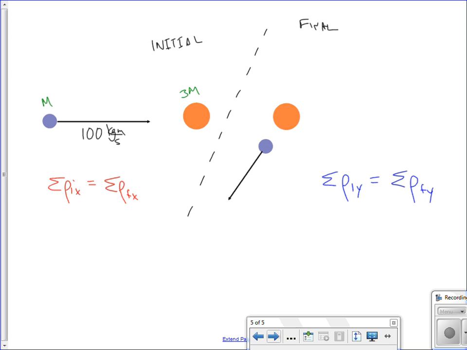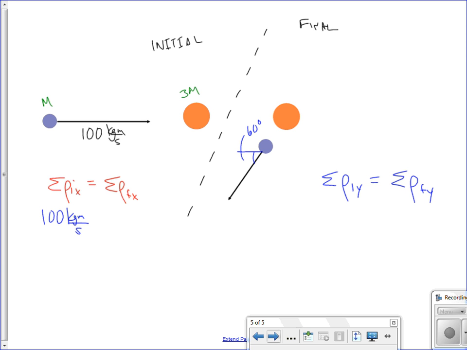Right off the bat, here's what we can say. We know that this is 100 kilogram meters per second. I'll try to get tricky here. Let's say that this recoil angle is about 60 degrees.